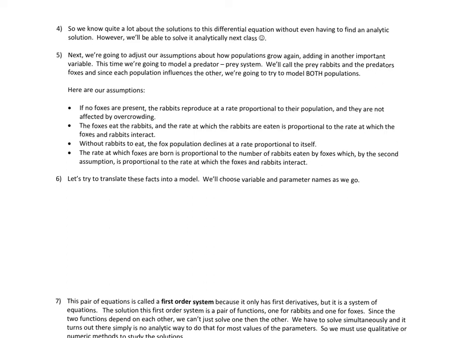That is because they would die out without their food source. And the rate at which foxes are born is proportional to the number of rabbits eaten by foxes. So in order for foxes to reproduce, they have to have a food source. And the more often they come into contact with rabbits, the more they get to eat, the more they reproduce.